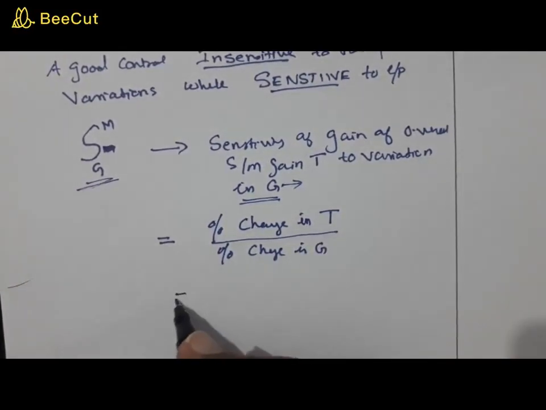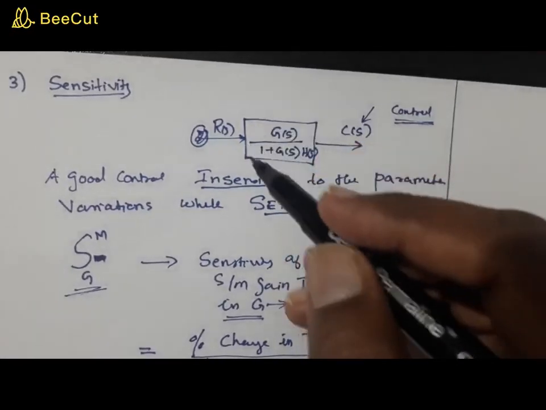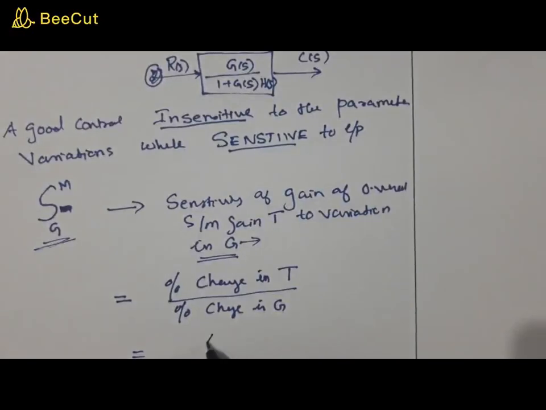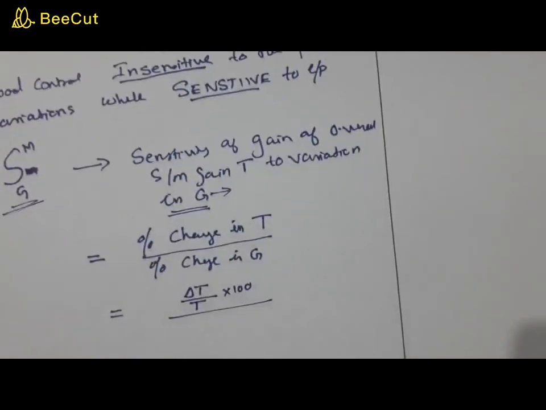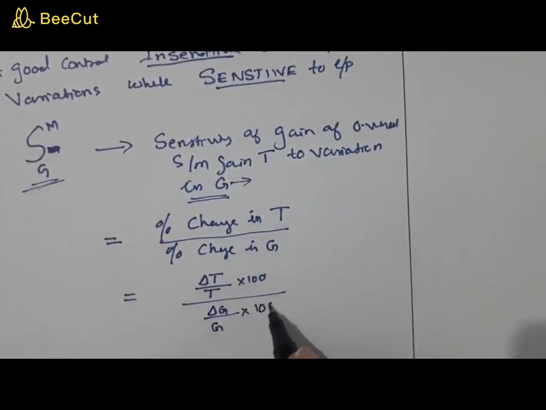Now this is the percentage change in T. You can write an equation like this. The change in overall transfer function, let that be delta T. How will you write the percentage? That is delta T by T into 100%, divided by the percentage change in G, that is delta G by G into 100.